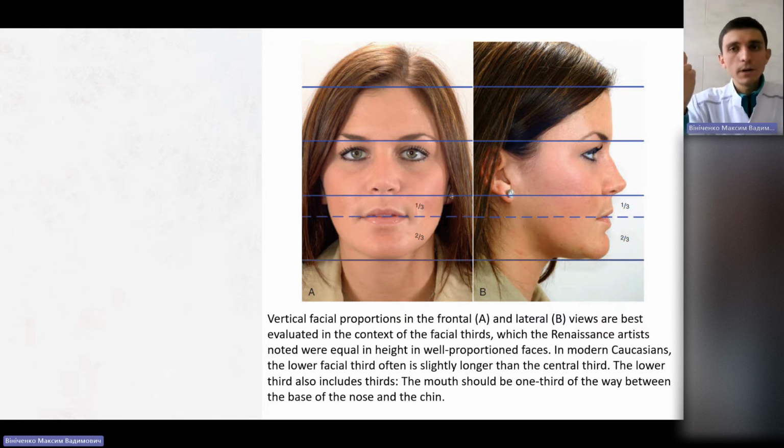At the age of 21, this patient would have a class 3 dental pathology, but his facial profile would be much better than if we treated this patient the whole life, and in the end, he would have a class 3 dental pathology, and the lower third would be increased much more.